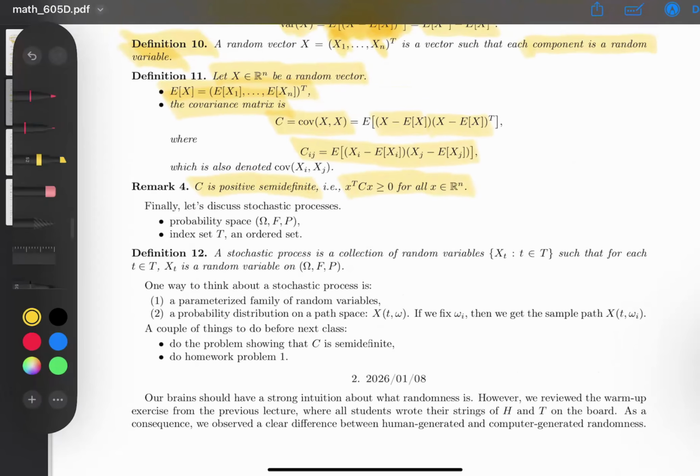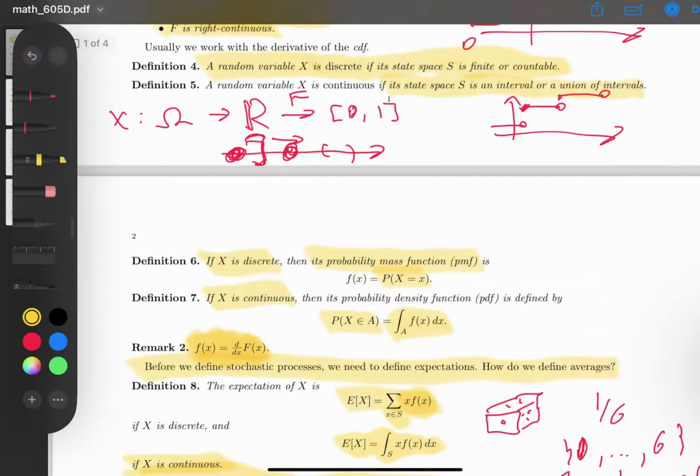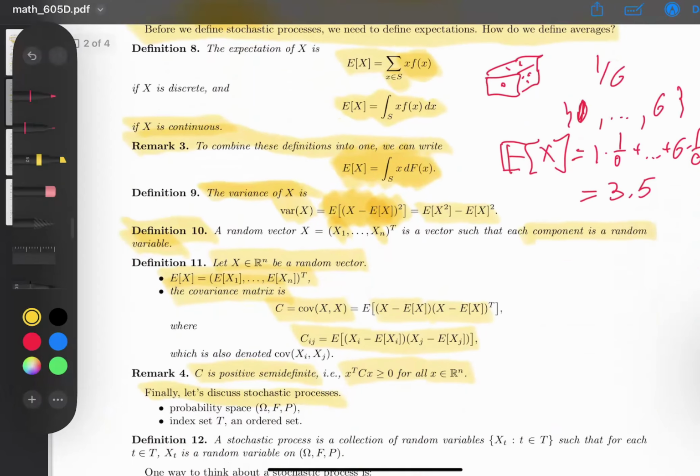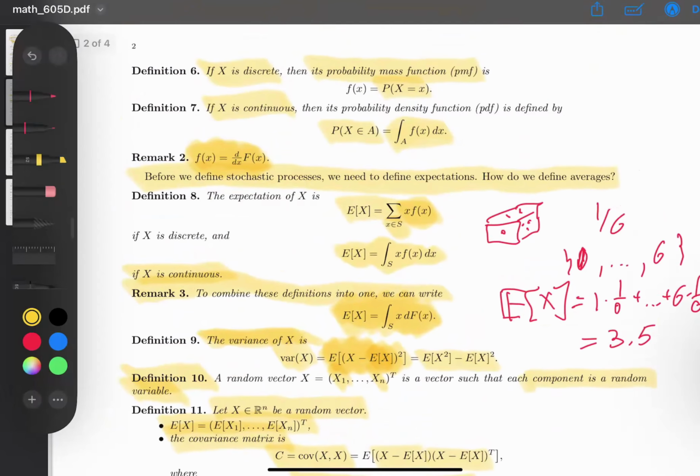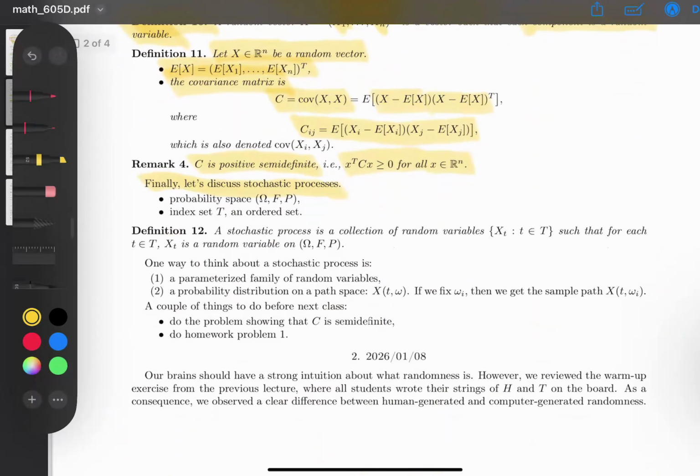Finally, let's define the stochastic process. So what have we covered so far? We covered the probability space, a random variable, a random vector, expected value, variance, probability density function, and cumulative distribution function. The objects we need first: a probability space for the stochastic process, and an index set, which is going to be an ordered set. The index set T is time.